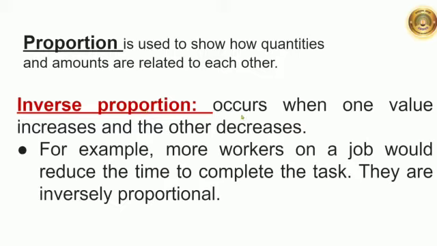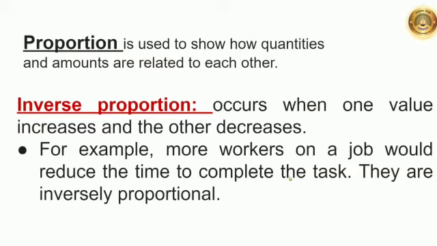Inverse proportion occurs when one value increases and the other decreases. For example, more workers on a job would reduce the time to complete the task. That means if more workers are there, the time required to complete the task is less.